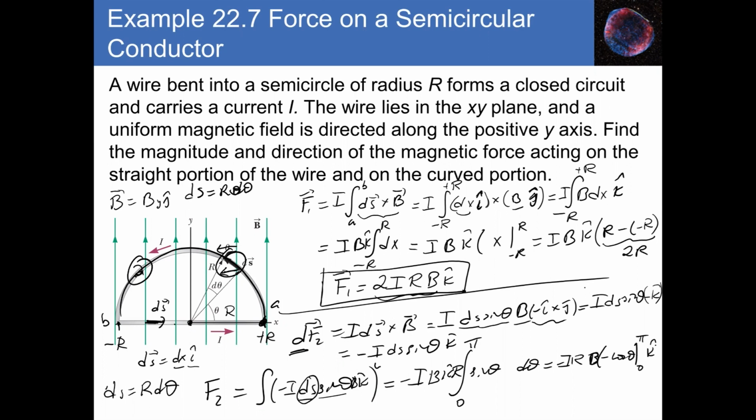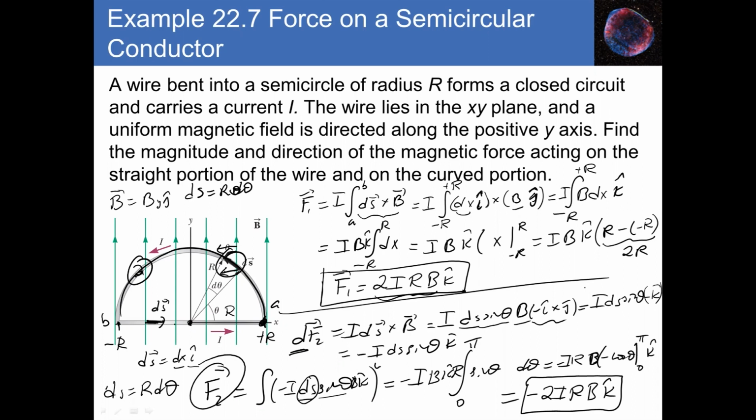Again, if I plug in the value of pi and the value of 0 and do the calculation, what I will get is negative 2 I R B k hat. And that's the answer for the force for the second segment.